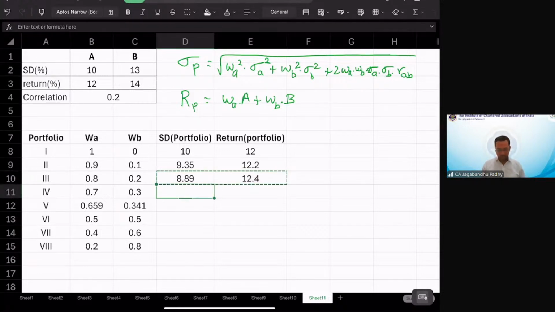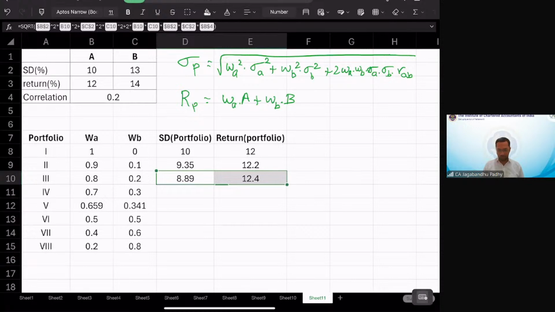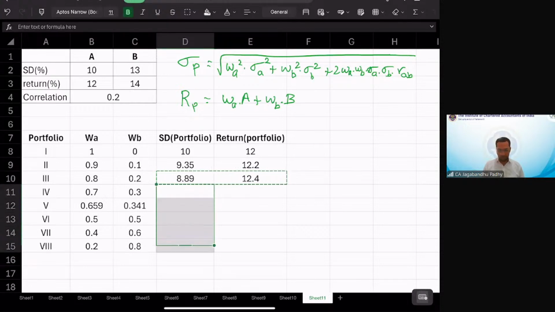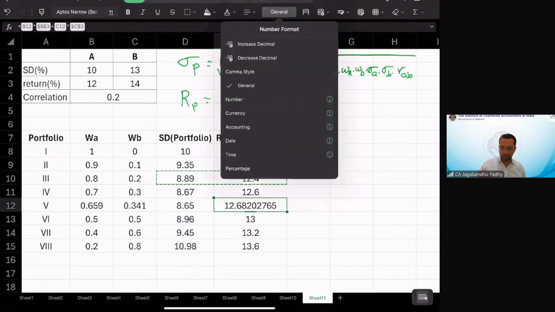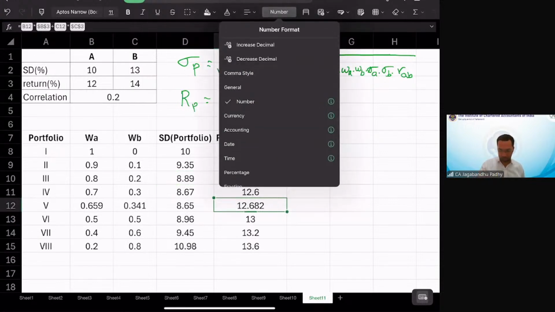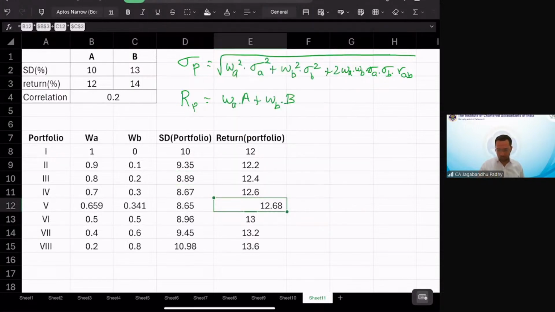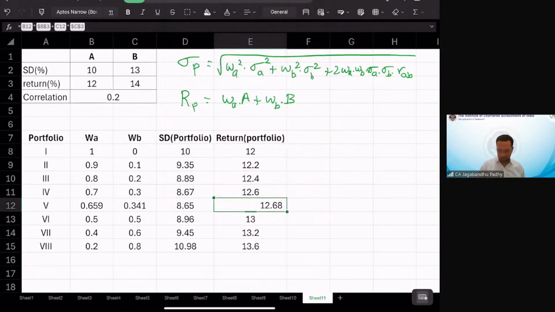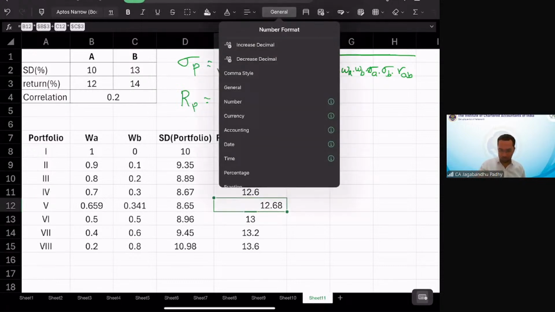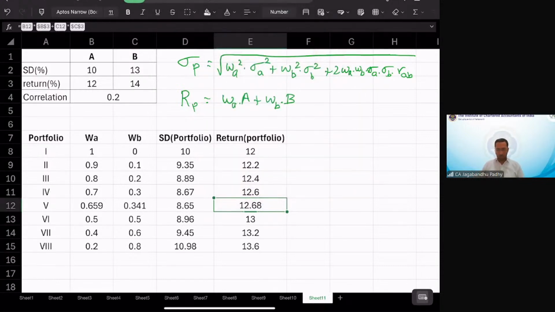Let me just drag it down. And here we get these values. Yep.